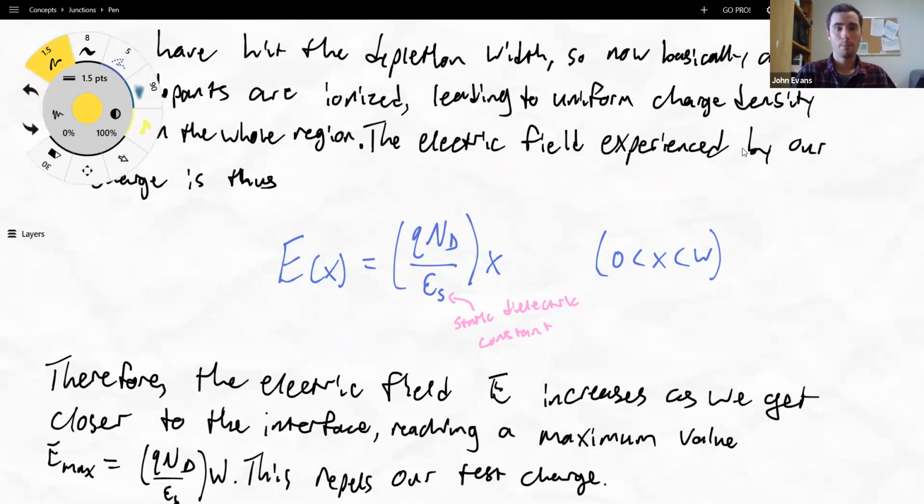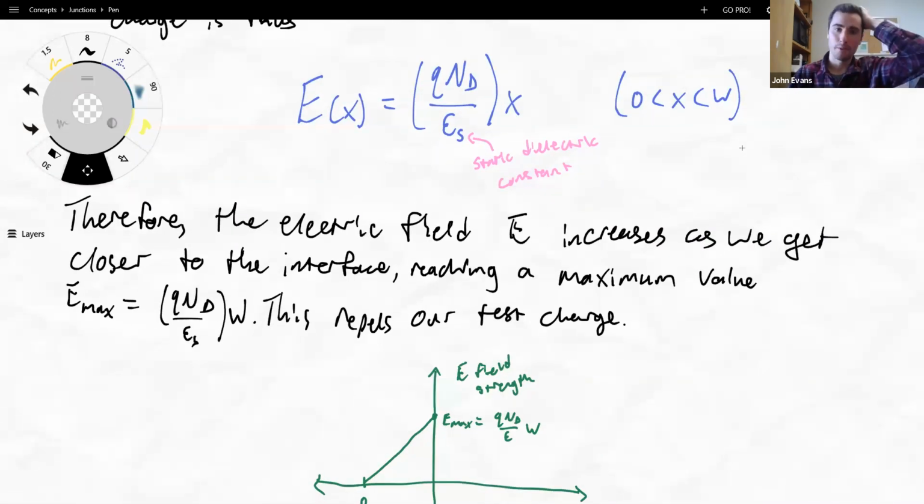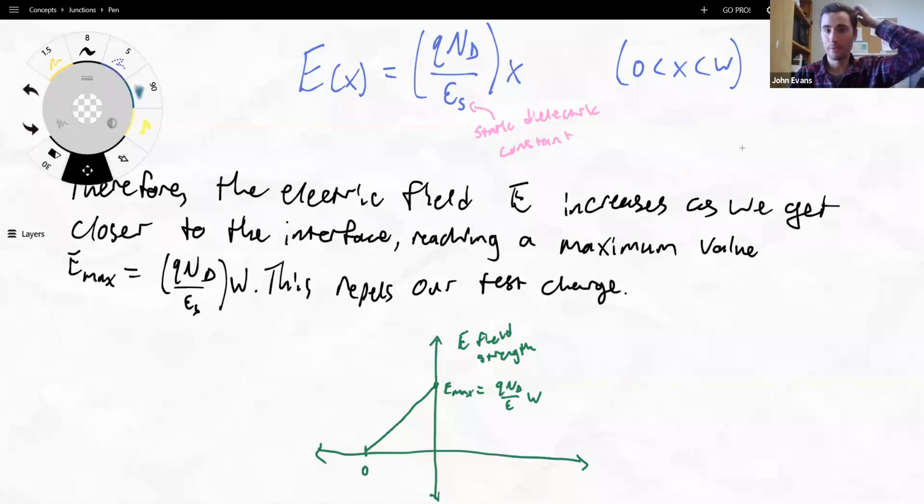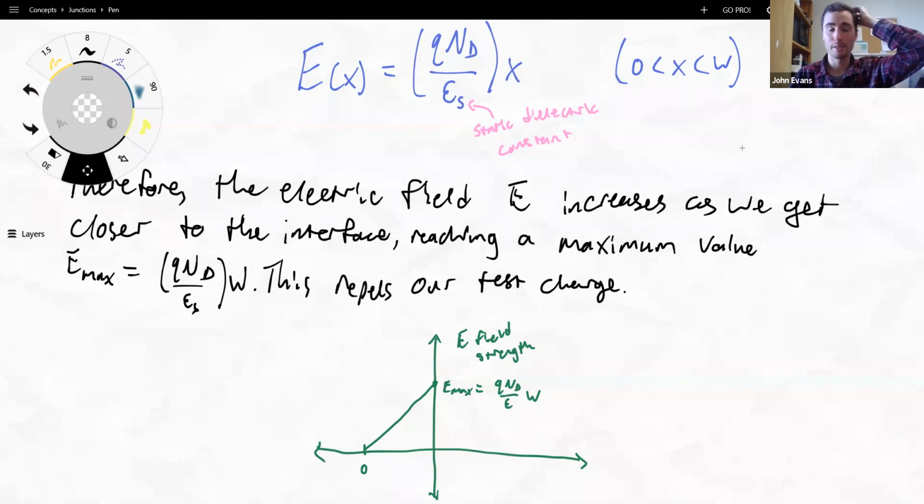What about if we increase the static dielectric constant? In this case, if we increase the dielectric constant, which is sort of the ability of an electric field to permeate a material, the electric field goes down. So if the static dielectric constant is higher, the electric field is lower, just because it's a little bit more difficult for that electric field to permeate the material. All right. So therefore, the electric field increases as we get closer to the interface.